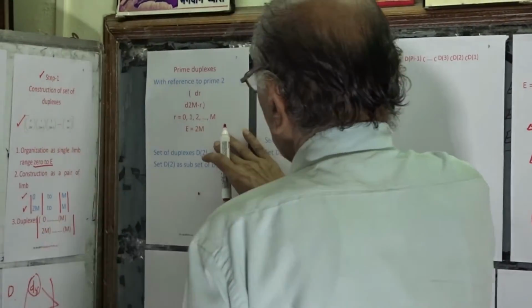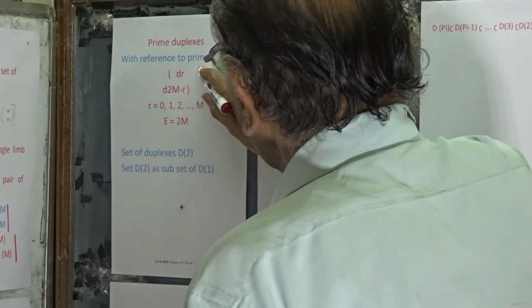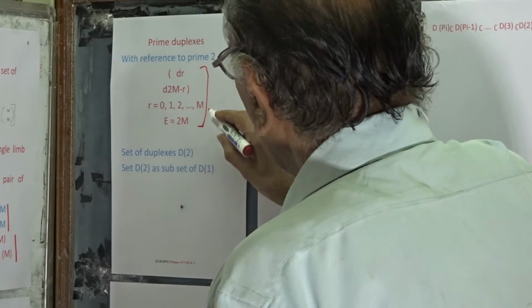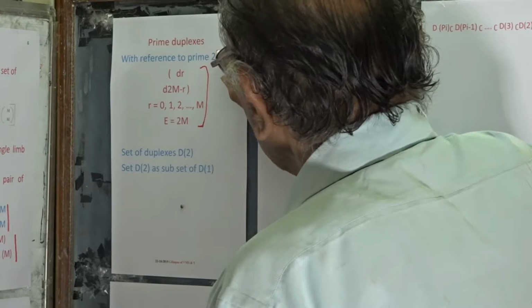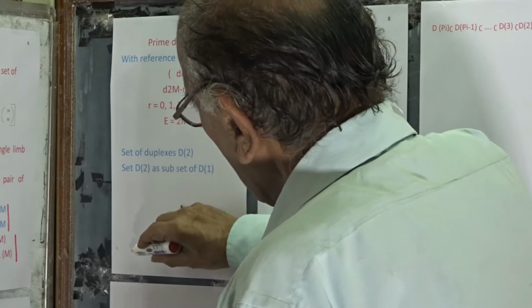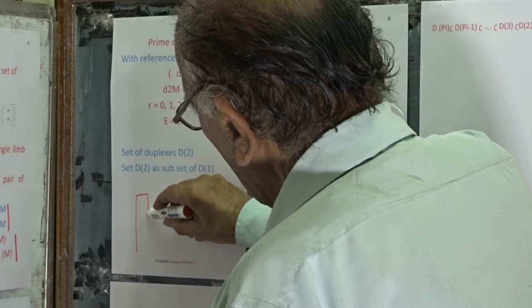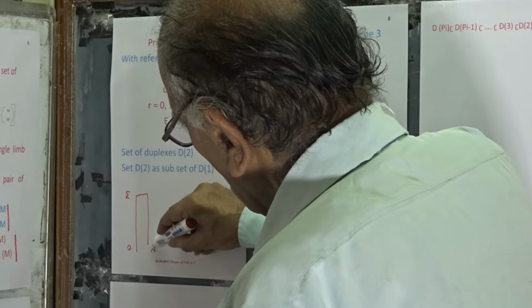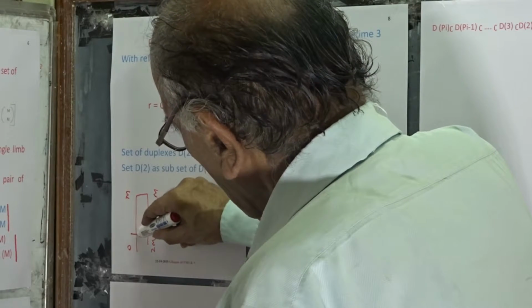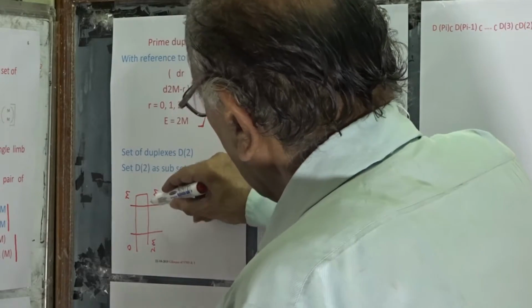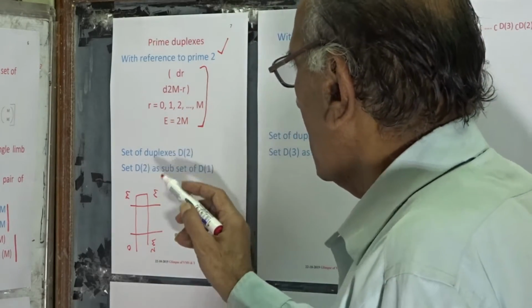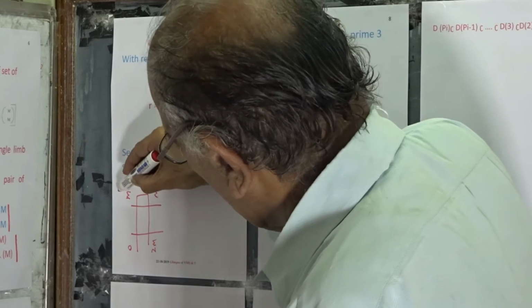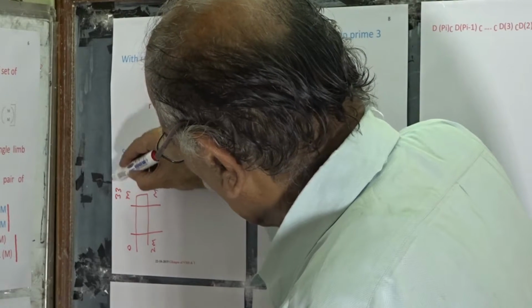In this set of duplexes, now we shall begin sequentially with the primes. Say the first prime available to us is 2. So this range of E, 0 to M and then 2M to M, leading us to these duplexes. Now we can rule out the values 0 to M, say in the illustrative case 66, value 33.